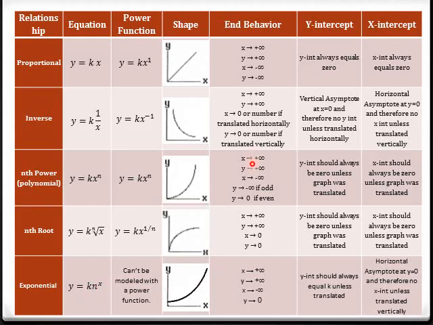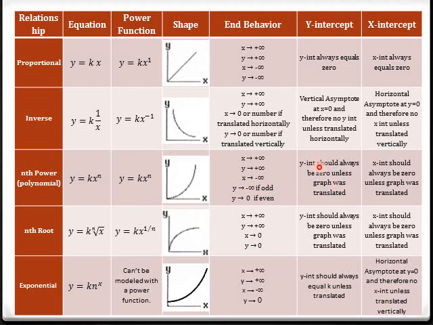So let's look at the other things. The end behavior: as x keeps going out to infinity, so will y. Exponential, x will go out to infinity, and so will y as well. So they both still fit.